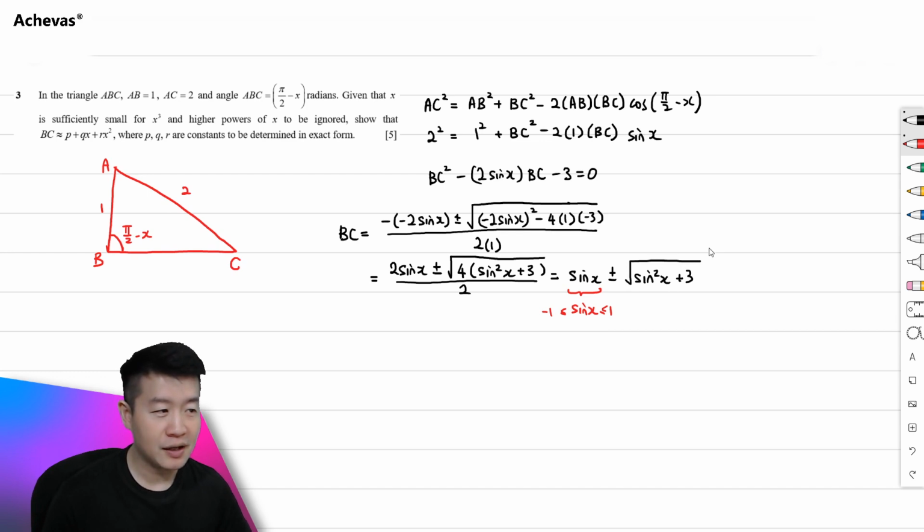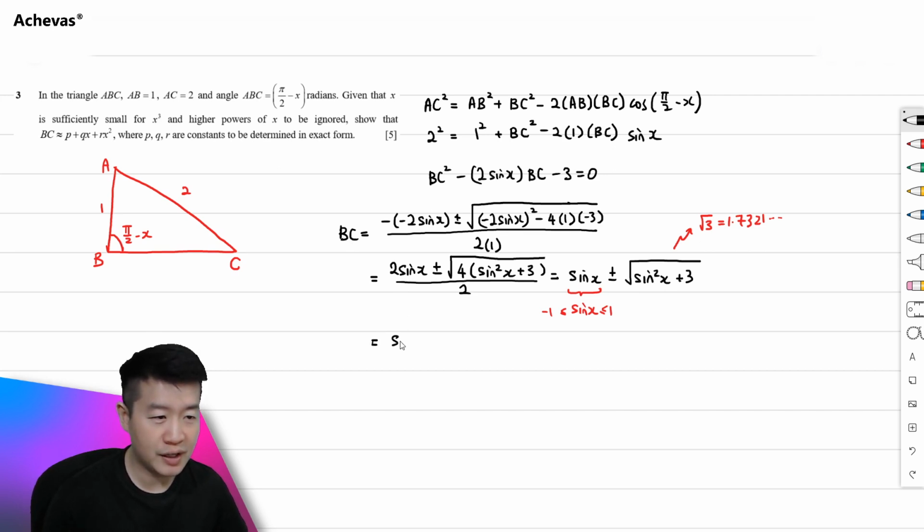And as for this, how about looking at the square root of 3? If you were to press your calculator, the square root of 3 is like 1.7321, blah, blah, blah. So the square root of 3 itself is already bigger than 1. So if I were to choose negative, and this is between minus 1 and 1, this entire expression is going to be negative. So I'm going to choose the positive, so that the expression will remain positive since BC is a positive number.